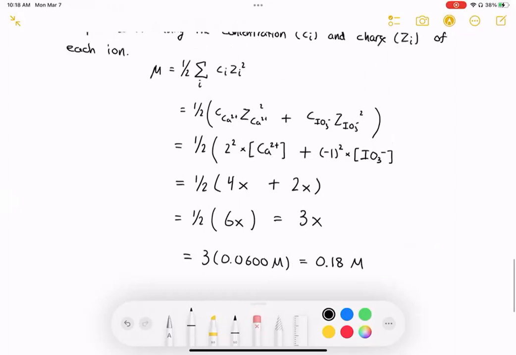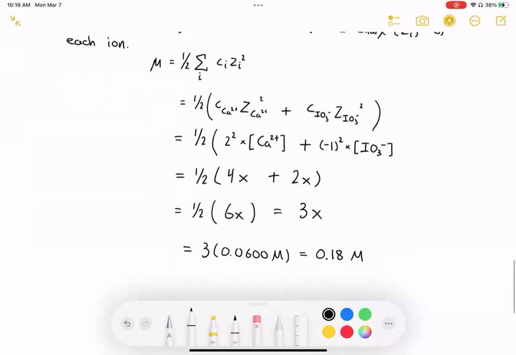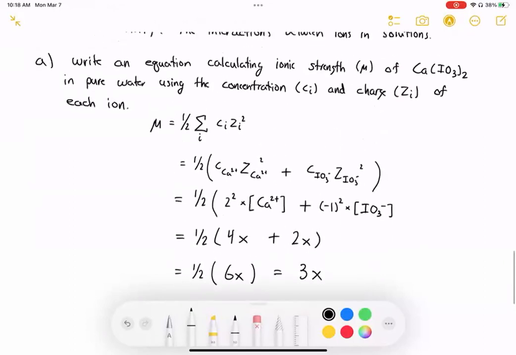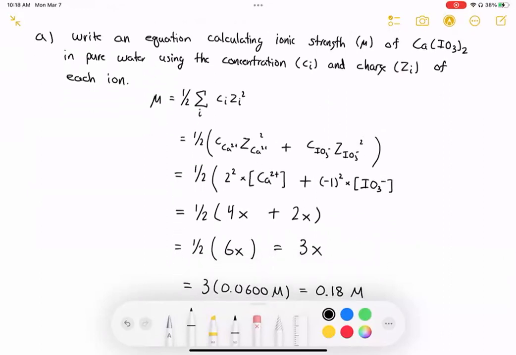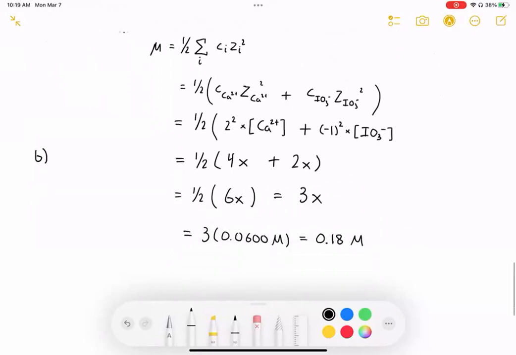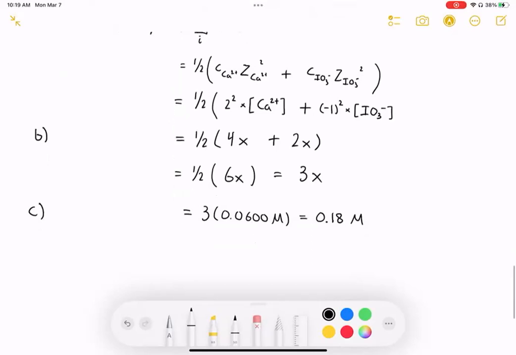So this was rewriting the equation using X. So here's part B. We're going to put part B here. And then part C is calculating it. So here's part C, calculating the ionic strength.